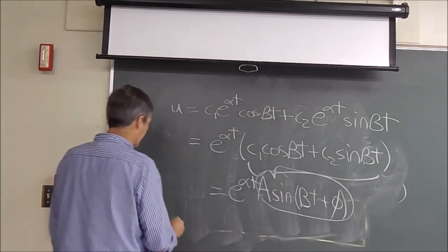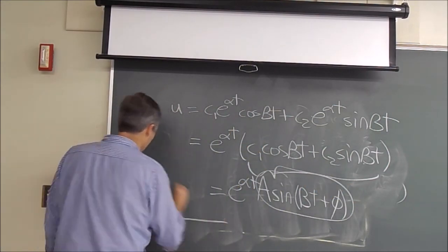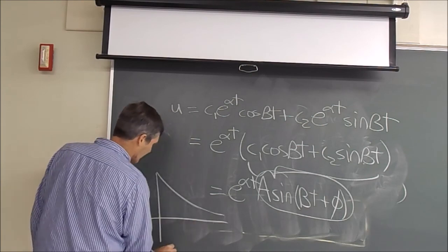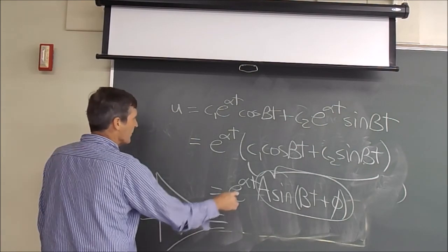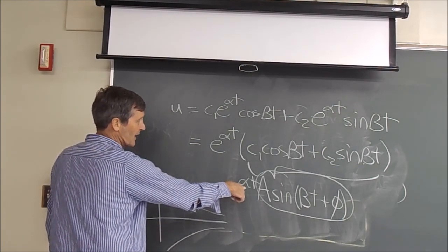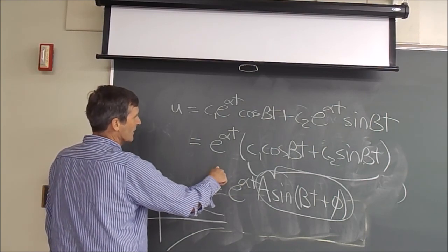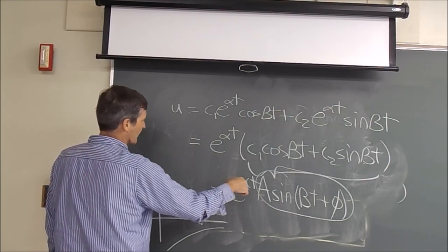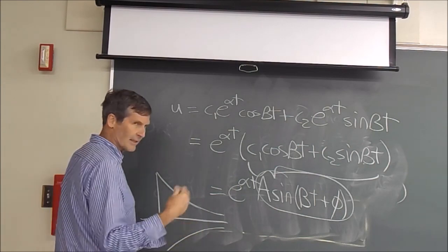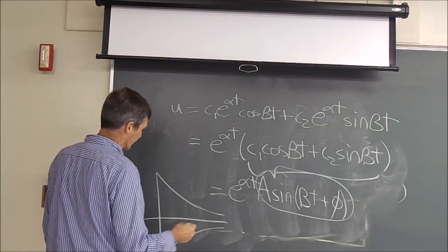The exponential function looks like this, its negative looks like this, because it turns out that alpha is always negative. Because the three constants, m, c, and k, are all positive, alpha always has to be negative. You just have to look at the quadratic formula to see that.